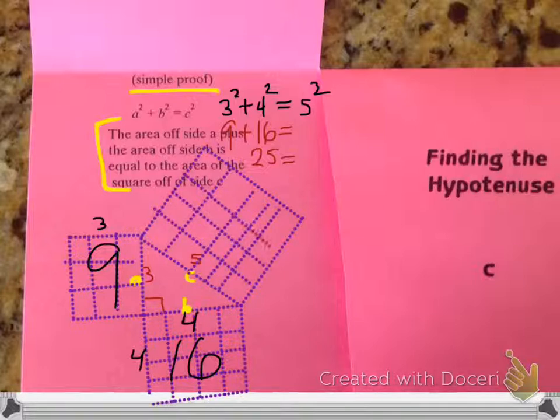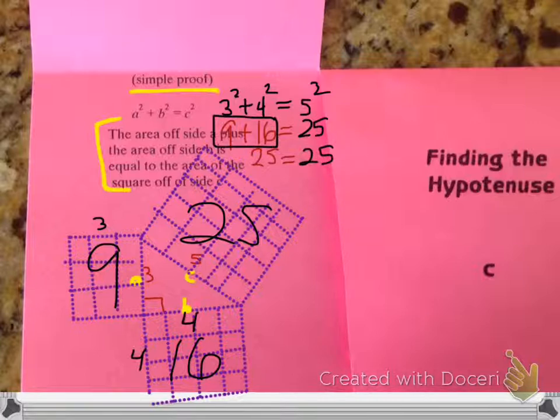That's okay. I'm sure you guys are doing a better job. 5 times 5 is 25. And yes, in fact, 25, the 2 small squares, did equal the big square. So there you have it, folks. Awesome.